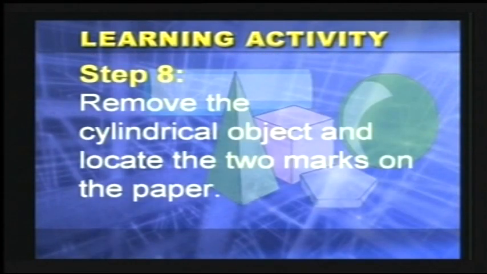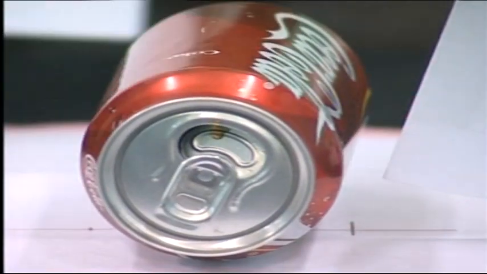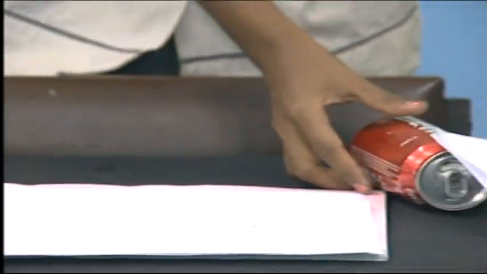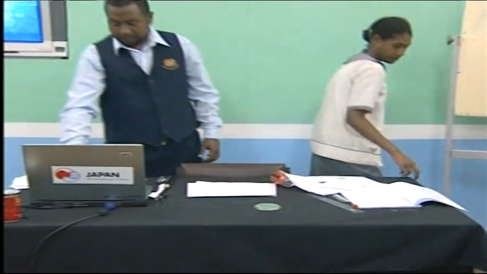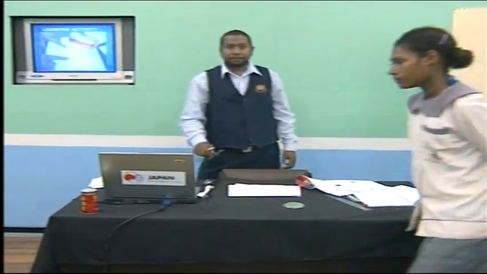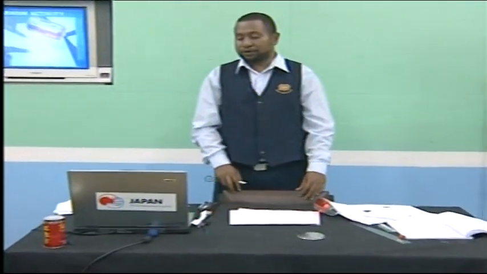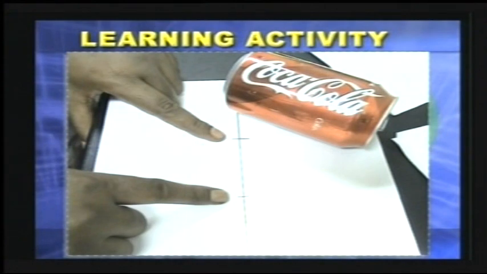After you have put a mark, the next step says remove the cylindrical object and locate the 2 marks on the paper. You remove the cylindrical object and the papers. Remove them. Thank you. On the screen, it shows you what you should have on the paper.